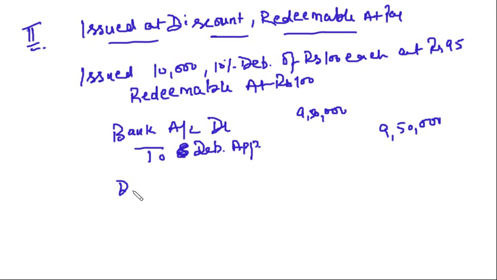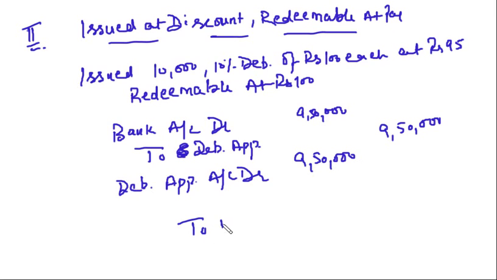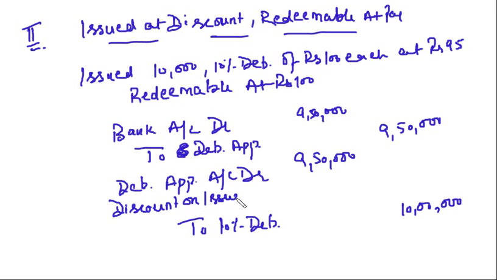Now, when you are going to allot, debenture application account debit 9,50,000, but you have issued debentures. If we talk of 10% debentures, this is going to be 10 lakh, that is face value. Then the remaining will go to discount on issue of debentures. This comes to 50,000.